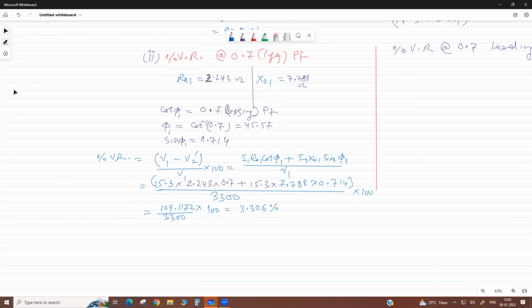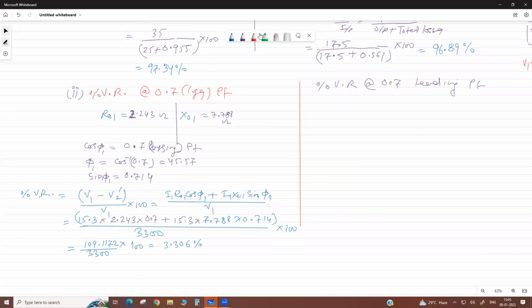Now we calculate this at leading power factor. Again here cos phi will be 0.7.